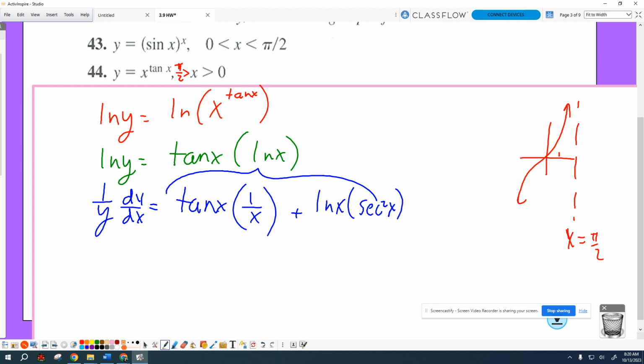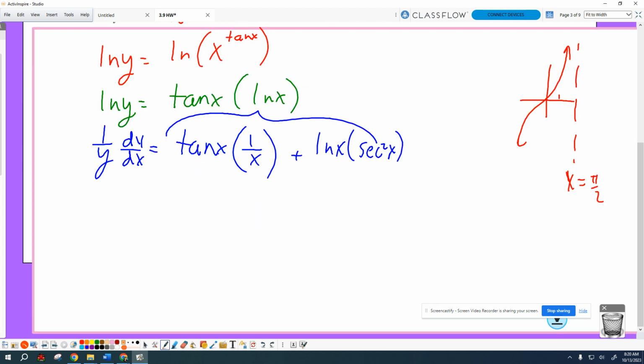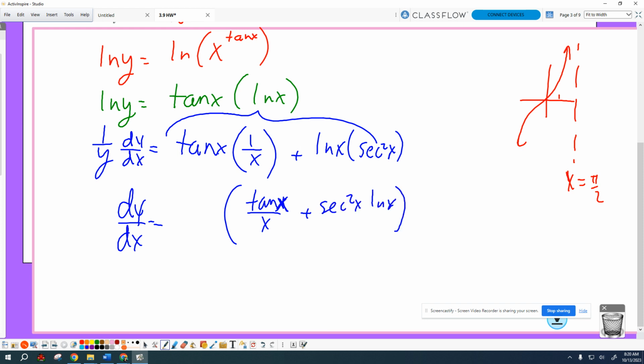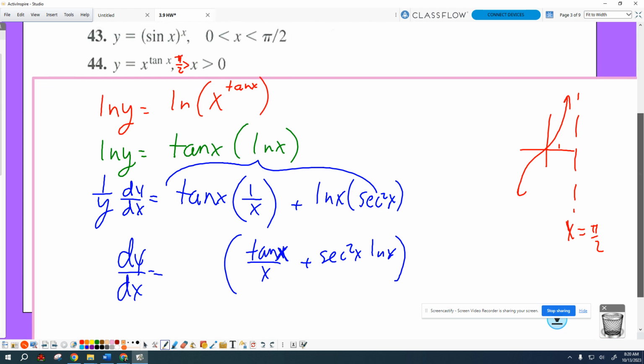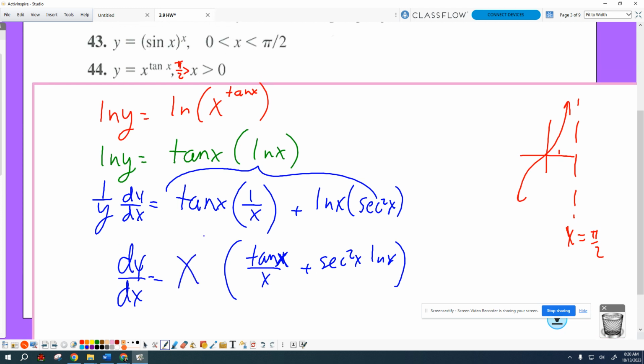Doesn't begin with C, so it's positive. And so this is tangent x over x plus secant squared x, natural log of x, and multiplying by y. I don't want to have to rewrite it again. y was x tan x to the tan x.